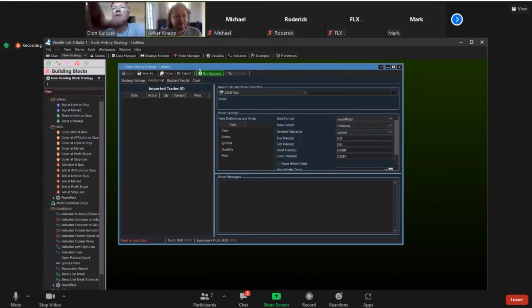Why don't you click on where it says ASCII files, because we have a number of different ways to bring in this data.